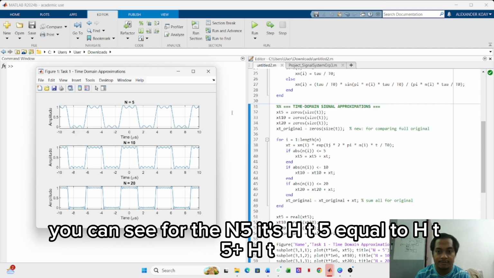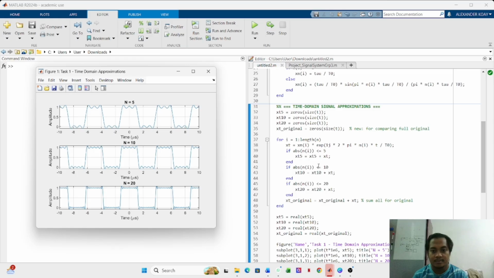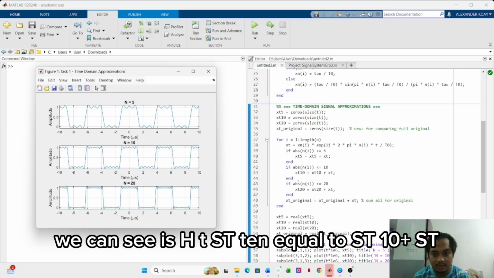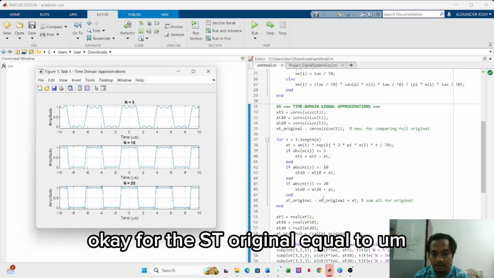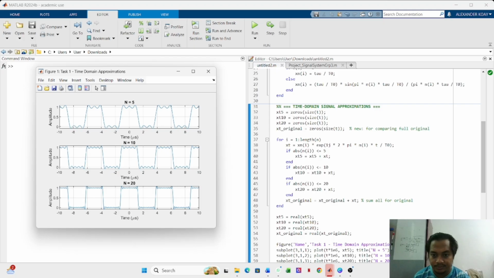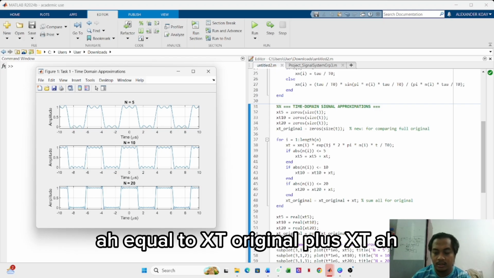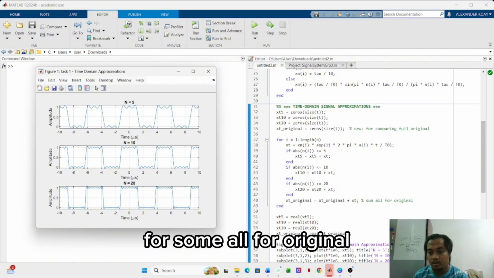For N5, xt5 equals xt5 plus xt, and for N10, xt10 equals xt10 plus xt, and our N20, xt20 equals xt20 plus xt. Okay, for the original, xt original equals xt original plus xt, the sum of all.